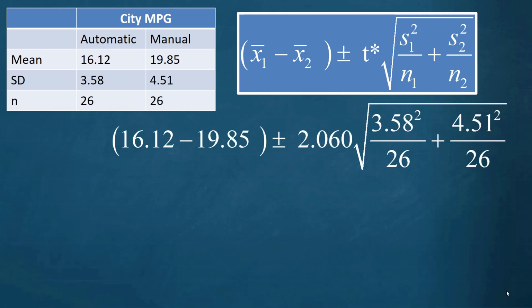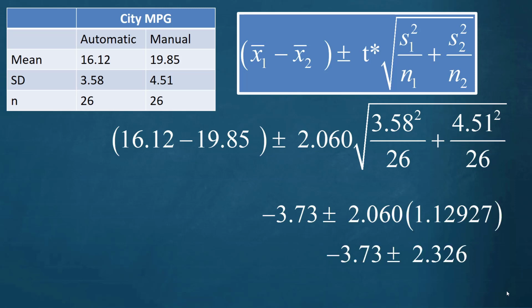So we have x1, which is 16.12, minus 19.85, plus or minus, and then we just plug everything in. I'm not going to read all that. When you crunch all this out, you get negative 3.73 plus or minus 2.326. So the 2.326 is our margin of error. Then you add and subtract it, and you get an interval of negative 6.056 to negative 1.404.